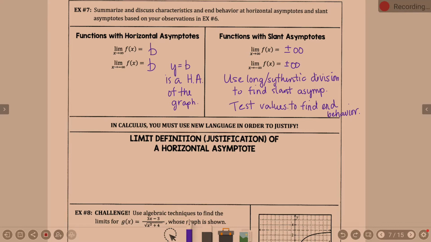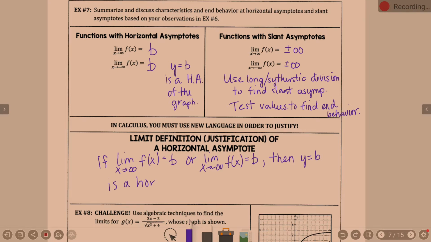Now if we talk about the limit definition of a horizontal asymptote, if the limit as x approaches infinity of f of x equals b, as in a number, or the limit as x approaches negative infinity of the function equals b, as in a number, then we can know that y equals b is a horizontal asymptote of f of x.